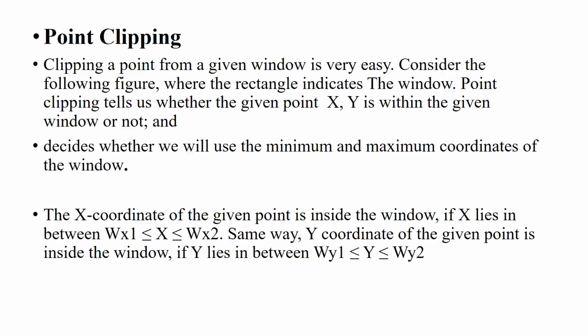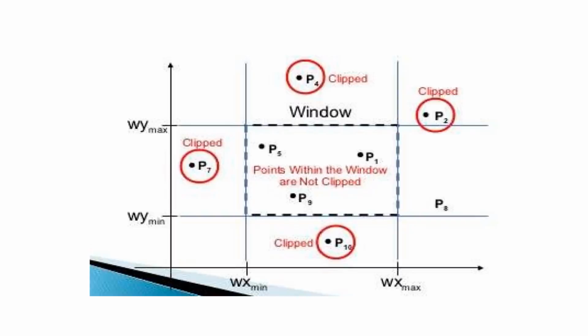In a graphical system a point has coordinates x and y, so we check that x lies between window x1 and window x2, which means the minimum and maximum limits, and that y lies between window y1 and window y2, the minimum and maximum limits of y. That is the concept of point clipping.